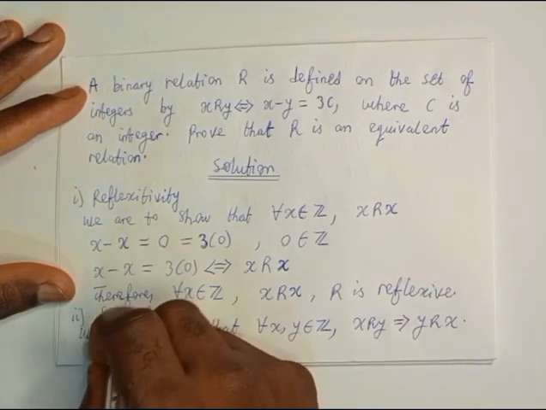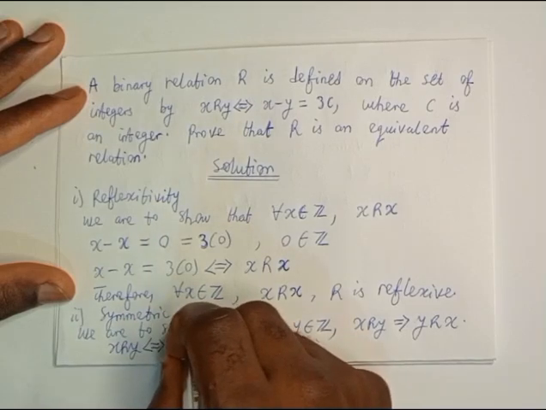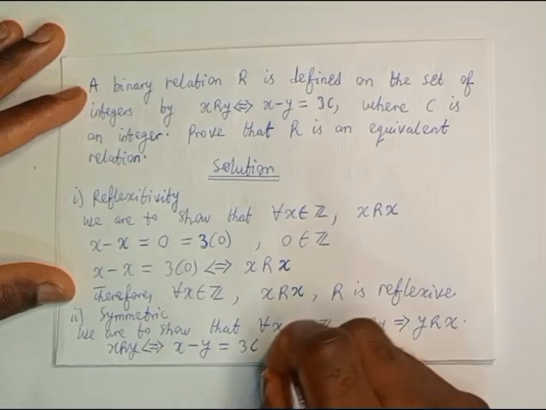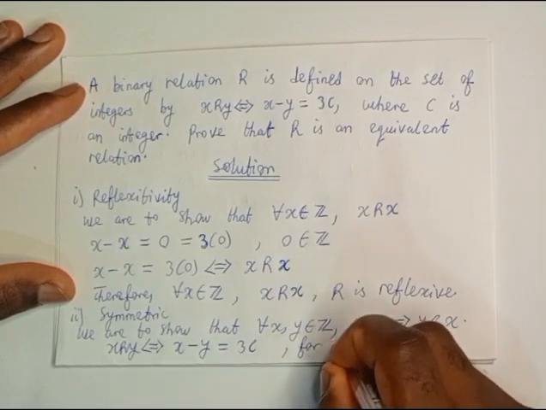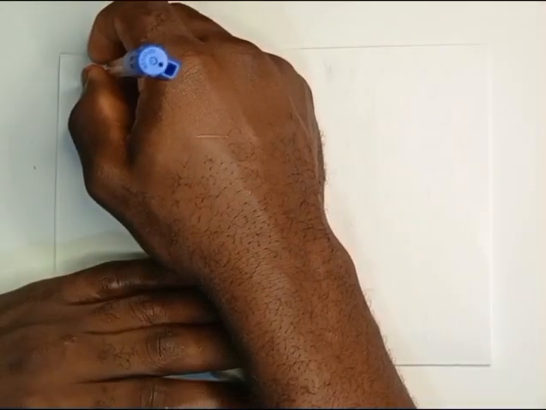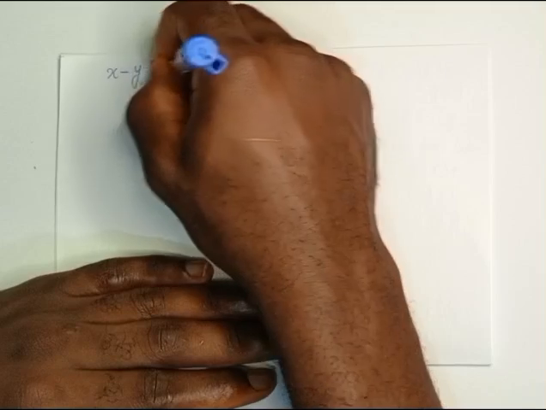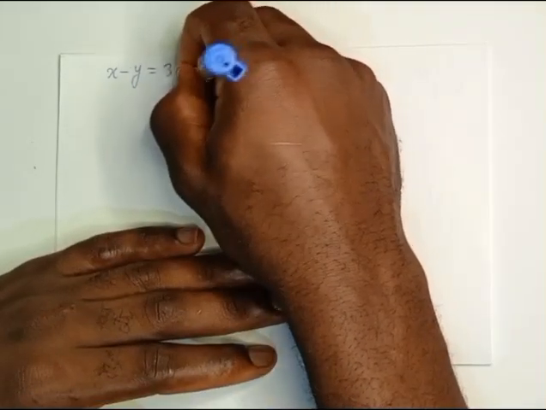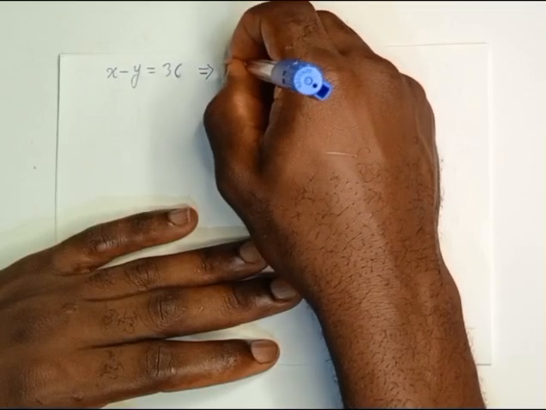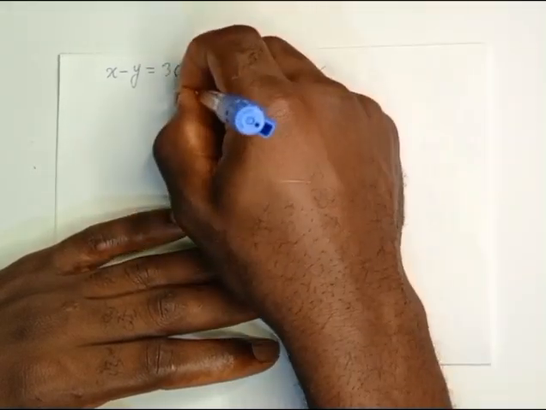We take the first one, x is related to y if and only if x minus y is equal to 3c, for c belonging to Z. x minus y equals 3c will imply that if we write negative y plus x, it is still equal to 3c.